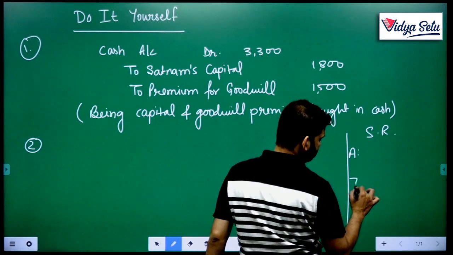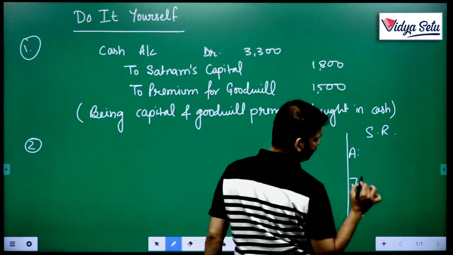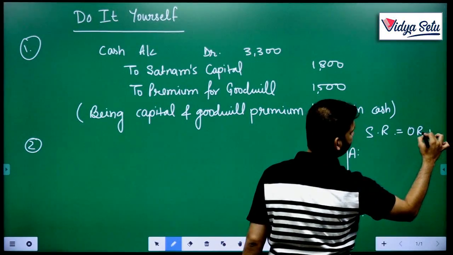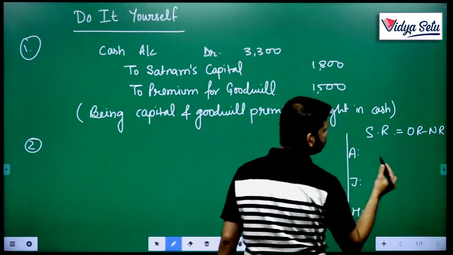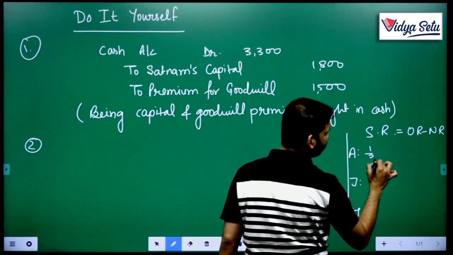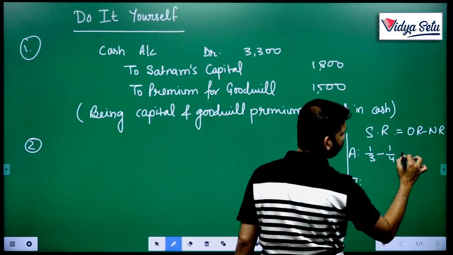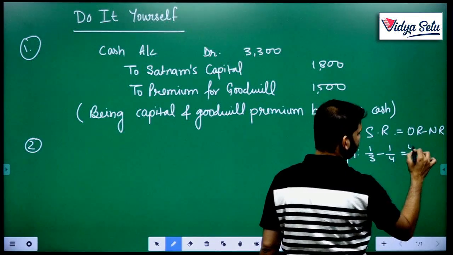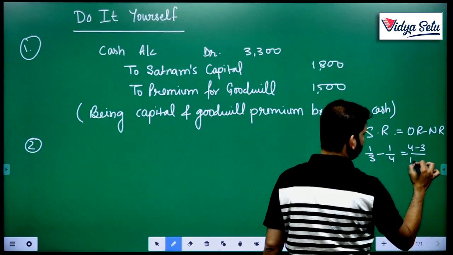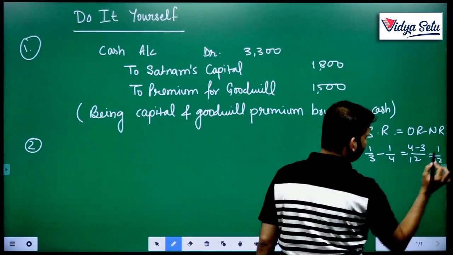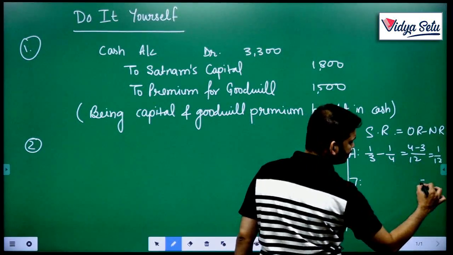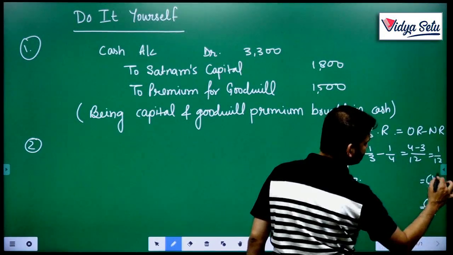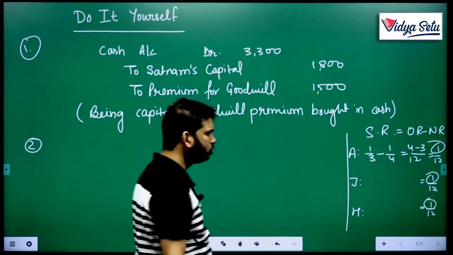Sacrificing ratio is old ratio minus new ratio. The old ratio was 1/3, new ratio was 1/4. Why? Because Satnam and all became equal partners. So 4 minus 3 over 12 is 1/12. Equally everyone will sacrifice 1/12 each.